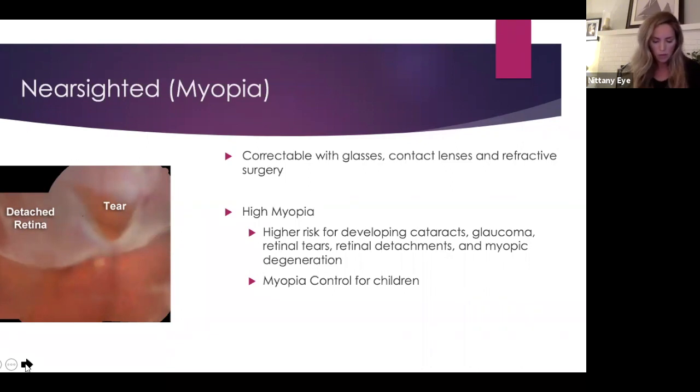Dr. Harsh actually did a really good presentation on the subject, and the different ways in which we slow down myopia in children, including contact lenses. There are some eye drops that work as well. So if you have a kiddo at home that's really nearsighted, that's something to consider, because it does help us decrease these complications later in life.